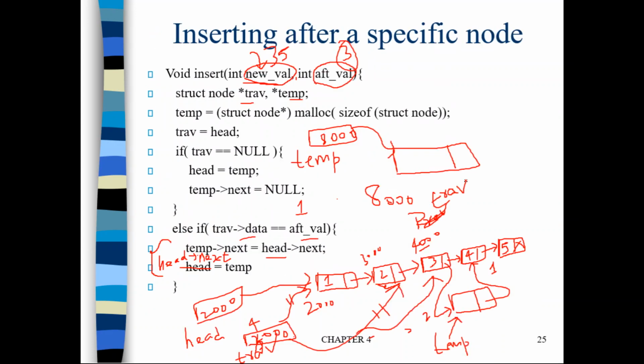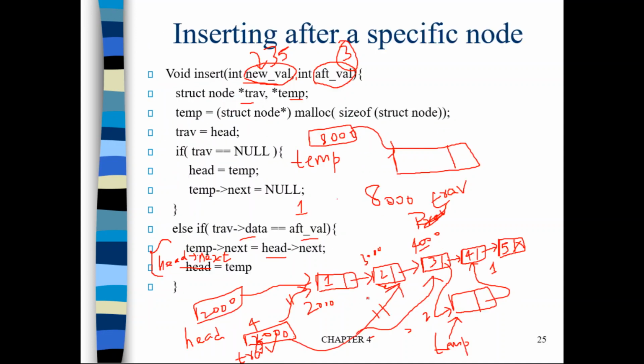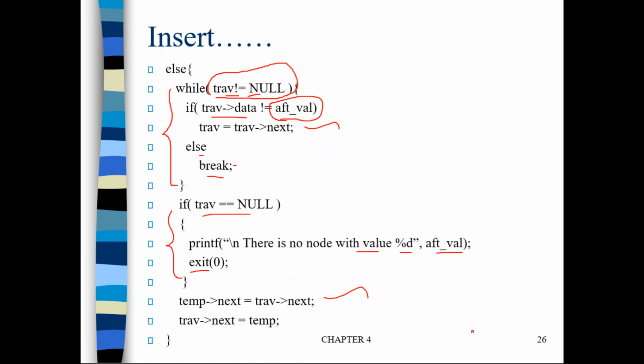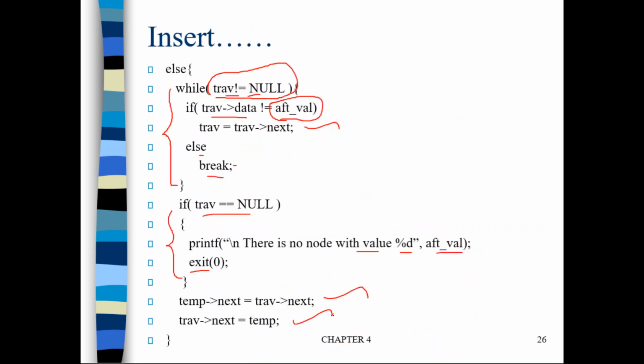And then traverse arrow next should point to temp, so traverse arrow next is equal to temp. So this logic will do that. This is how we insert a node into the linked list. Fine, so this is how we insert.